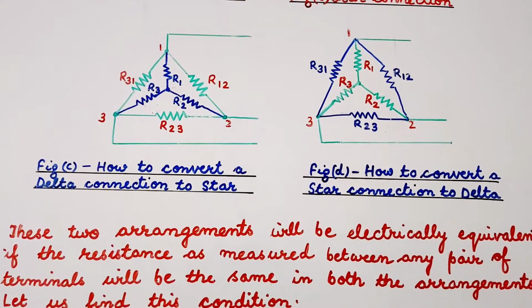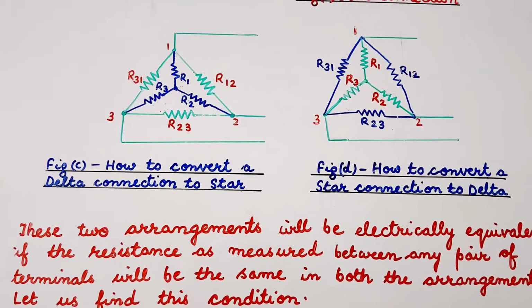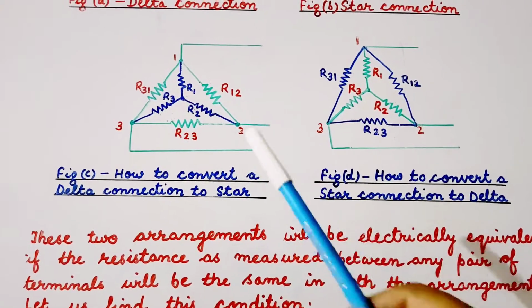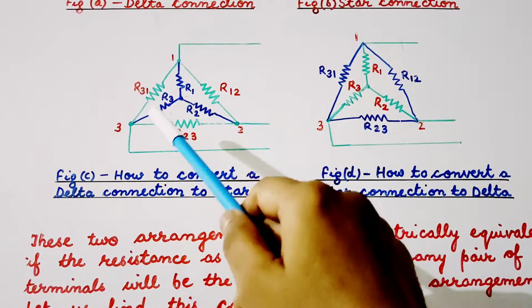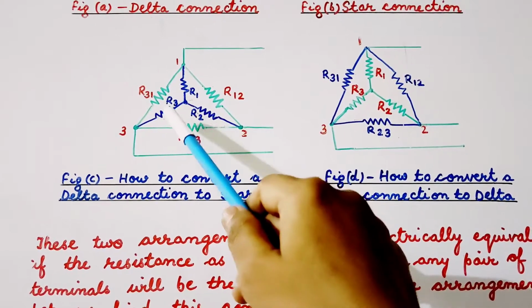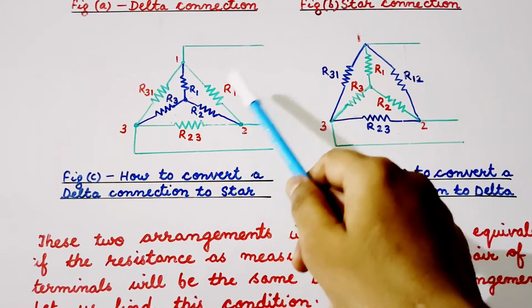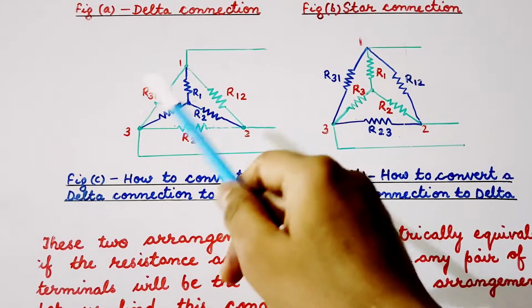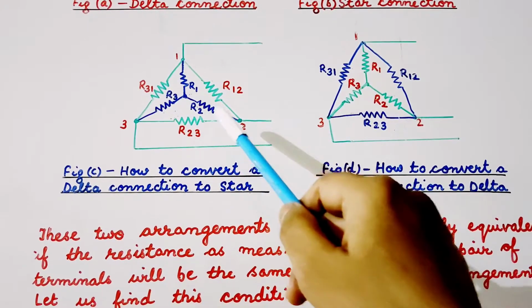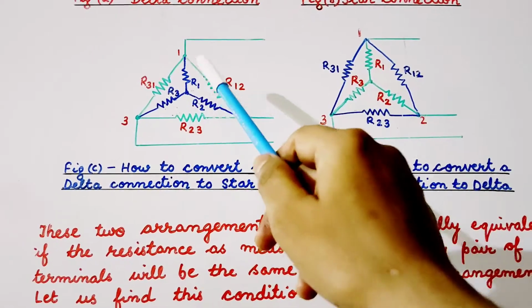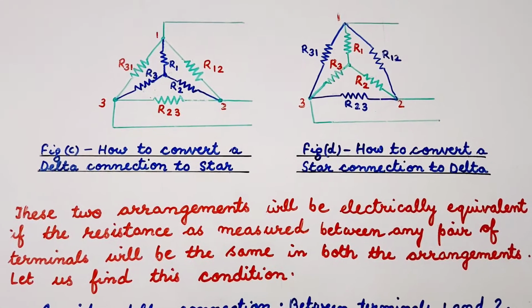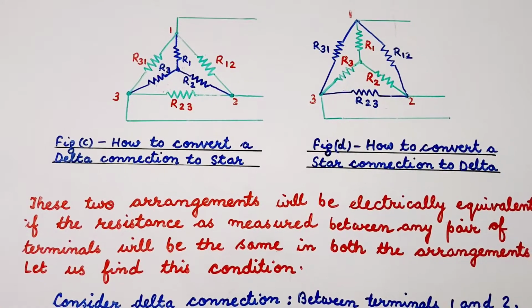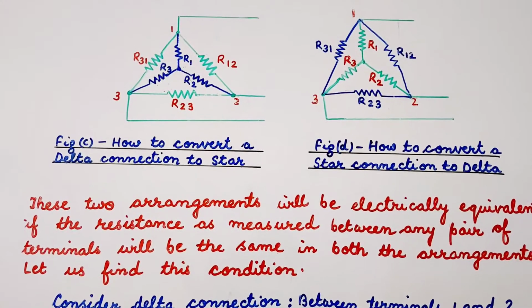After finding the values of R1, R2 and R3, we replace this delta circuit with the star circuit with the new values. So the delta values are simply eliminated and the circuit now consists of the new values R1, R2 and R3 connected in star. In this way we can easily convert a delta connection to star connection.